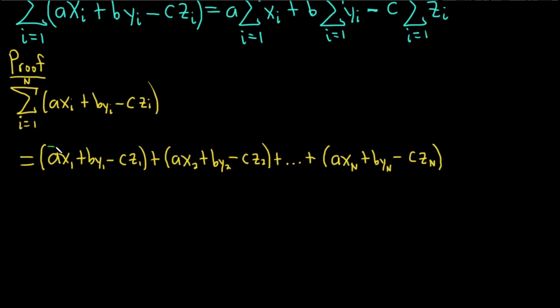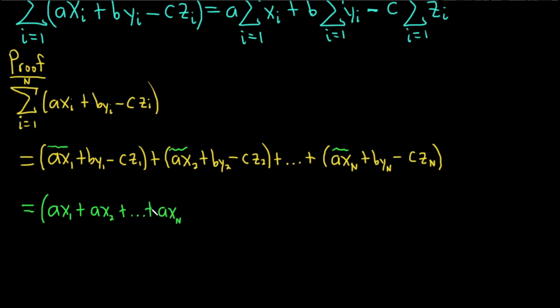So here we have a x_1, a x_2, a x_N. We're going to group all of those together using the fact that addition is associative. So this is parentheses a x_1 plus a x_2 plus ... plus a x_N, right?